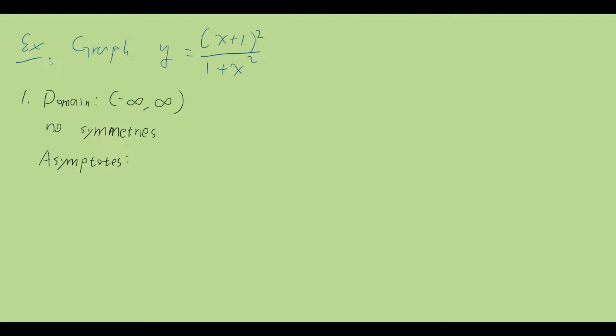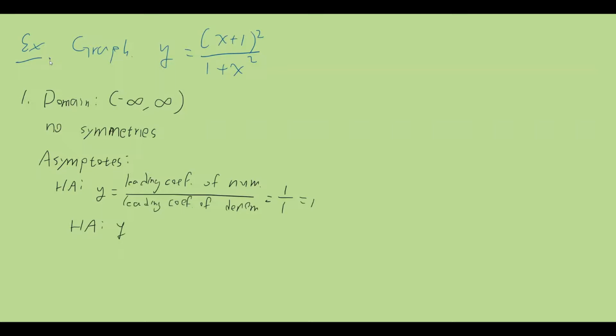So the horizontal asymptote is going to be the equation y equals the leading coefficient of the numerator over the leading coefficient of the denominator. In this case, it's just 1 over 1, which is 1. So we do have the horizontal asymptote y = 1.